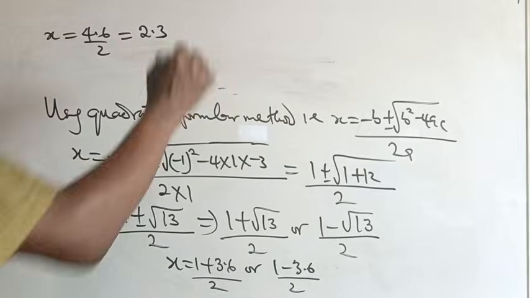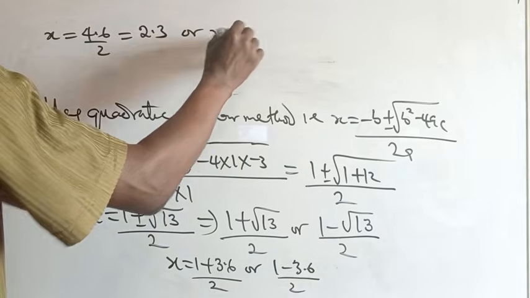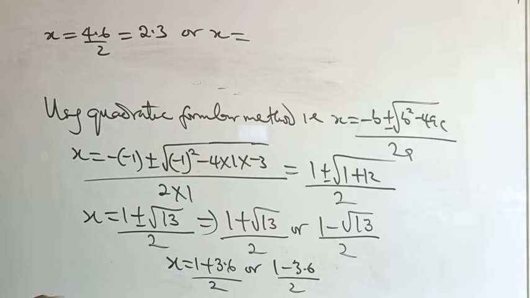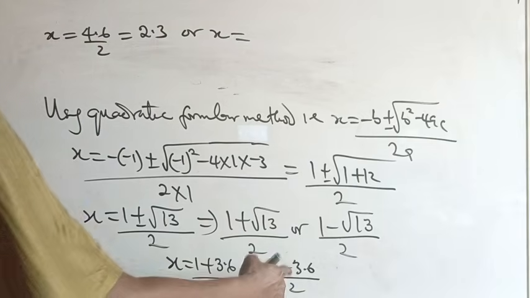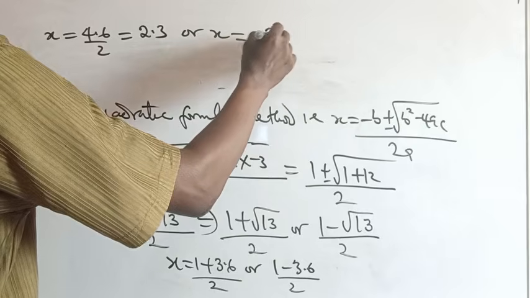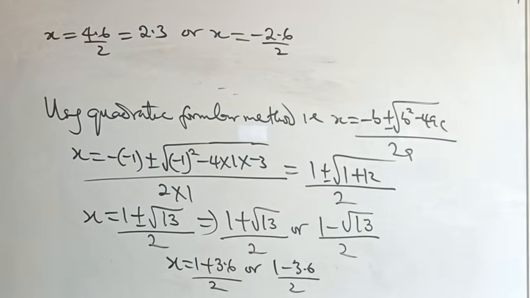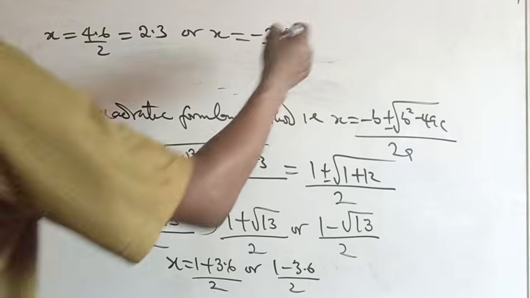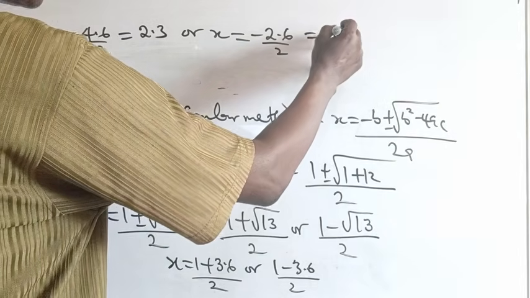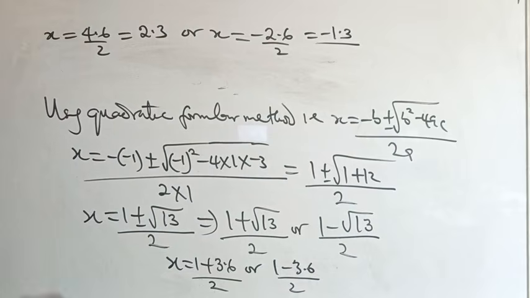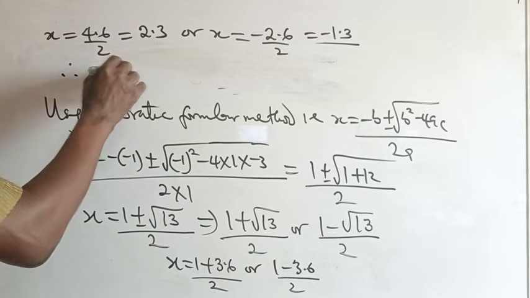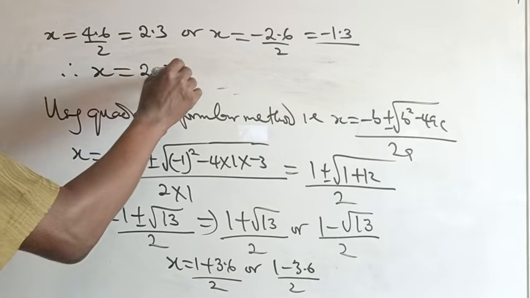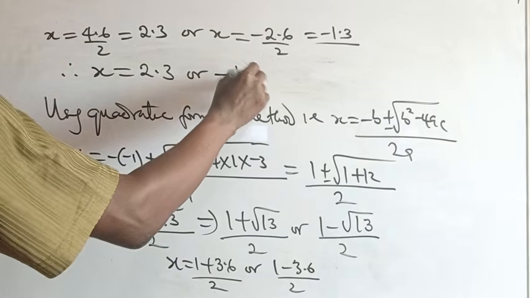That is one value. Then x is equal to 1 minus 3.6 all over 2. That is minus 2.6 all over 2, which is minus 1.3. I hope that is clear. Beautiful. Therefore, x will be equal to 2.3 or minus 1.3.